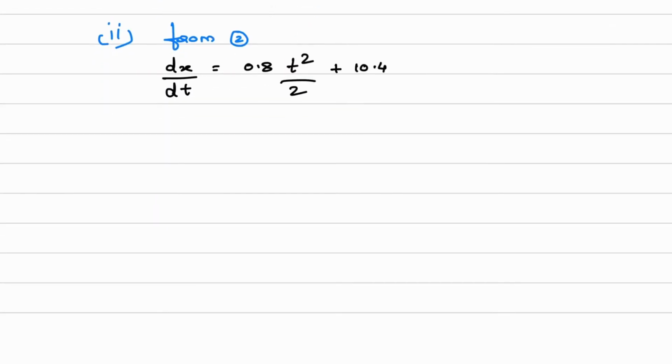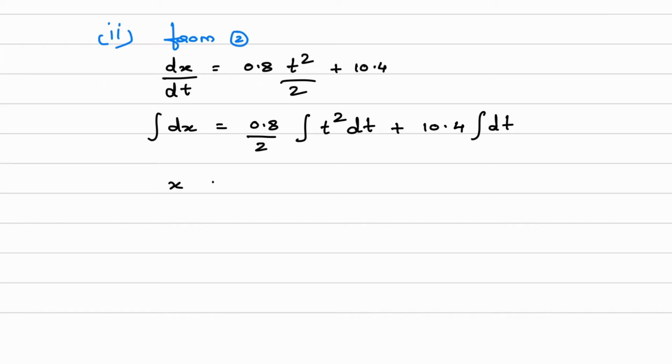Okay, now take the time dt on right hand side and integrate. So integral of dx is equal to 0.8 by 2 integral t square dt plus 10.4 integral dt.